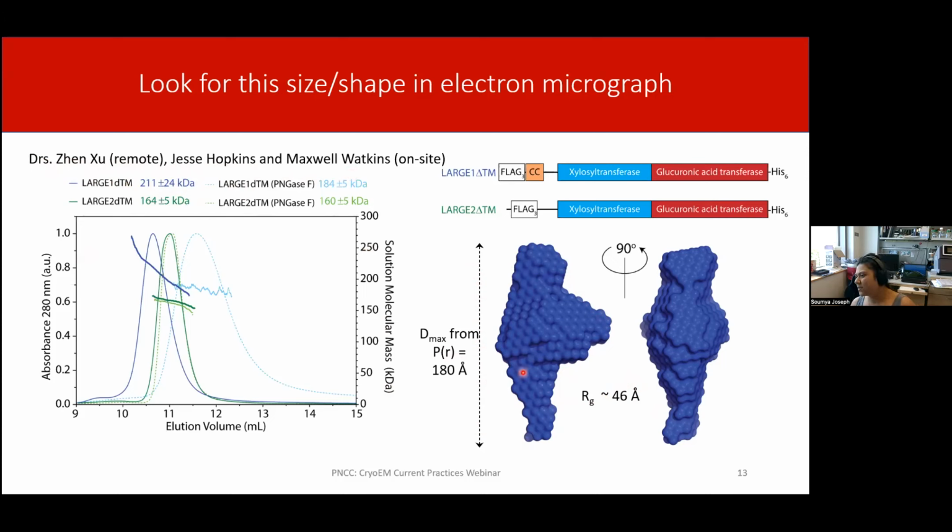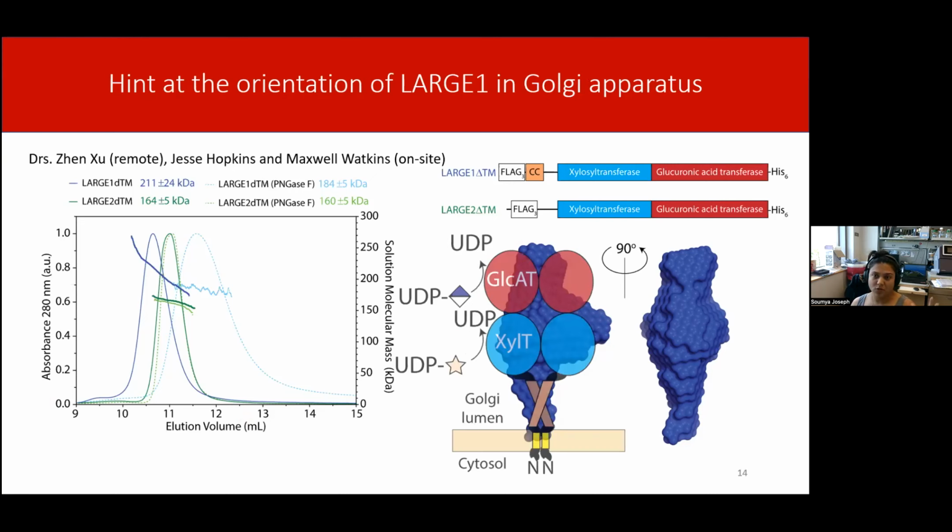So when we do cryo-EM, maybe this is what we're looking for. These are the dimensions that we're looking for. At least we know what to look for on the grid. One of the other things we can say from the molecular envelope is that large 1 forms parallel dimers, and in the Golgi apparatus, large 1 is likely forming an orientation where the N-terminus is in the cytosol.